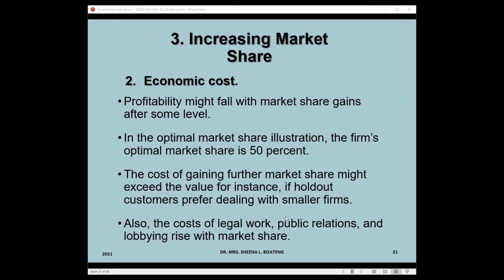And therefore, that portion of the market will remain inaccessible to the market leader, regardless of how much market share they gain. In any case, like we said, there's a lot of legal work and public relations and lobbying that come with expanding market share. And if the cost of undertaking all these activities exceeds the value that the firm is gaining as a result of that expansion, then it is not worthwhile for the firm to pursue it beyond those limits.